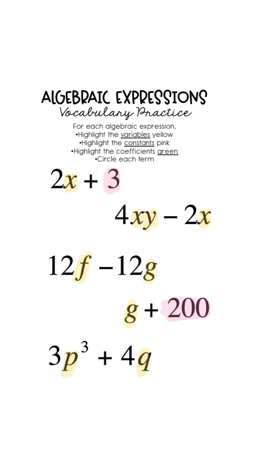Okay, and now the coefficients, green. In this first one, my coefficient is 2. Notice it's not 2x, it's just 2. The next one is 4. And you've got to be careful on this next one because it's really like plus and negative. So when I talk about what the coefficient is, it's a -2.